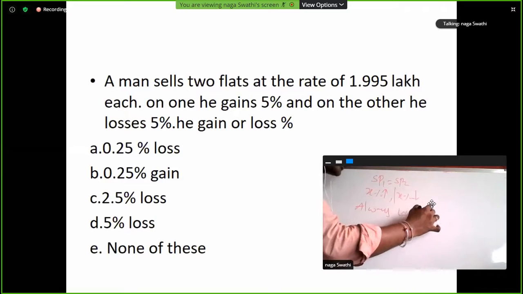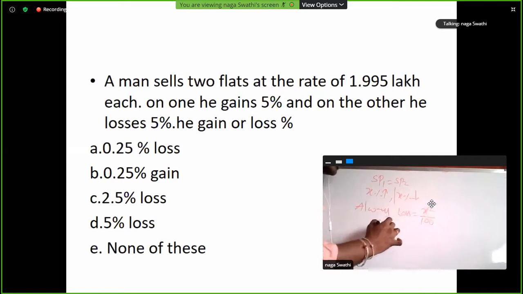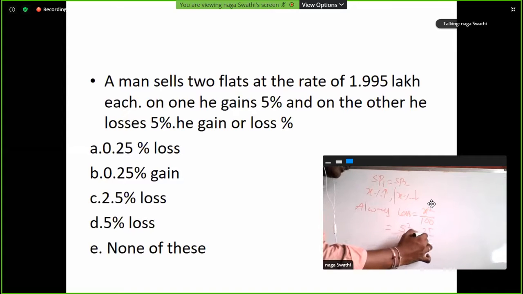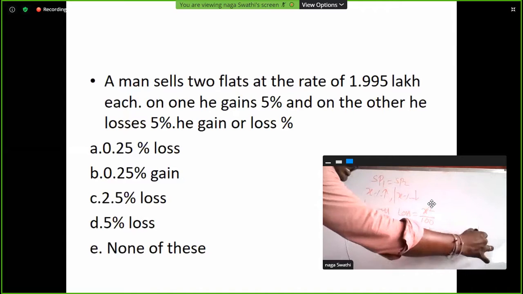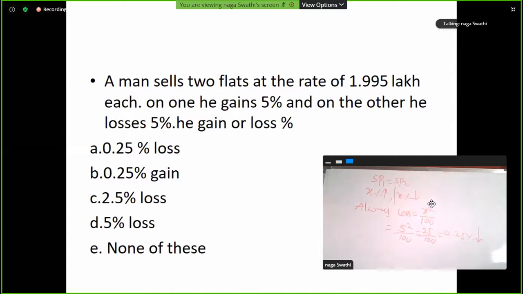Loss is equal to X square by 100. What is the X value? 5%. 5 square by 100 is 25 by 100. So 0.25 percent loss.